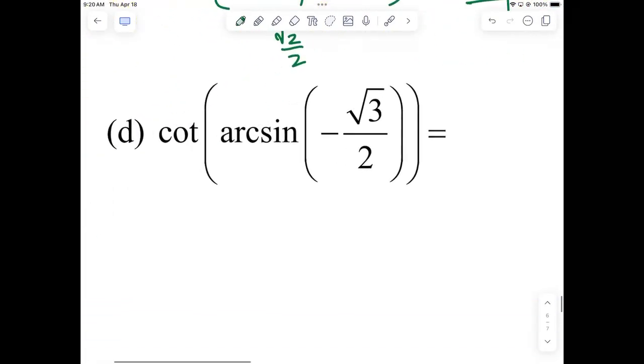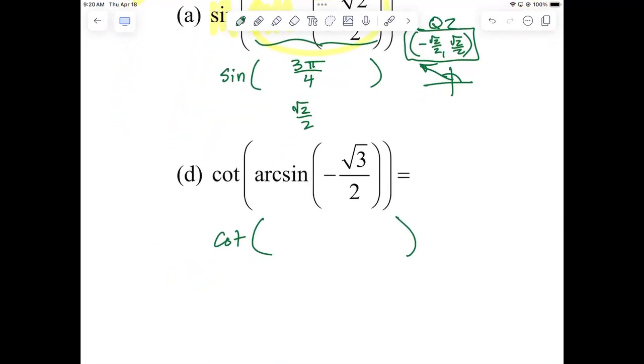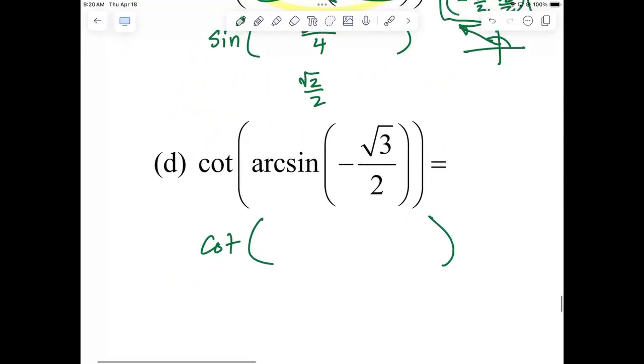All right, hold on to your bananas. Here we go with part D. Cotangent of arc sine of -√3/2. What is the arc sine of -√3/2? No, I think it's your π/3 reference angle, right? And it's going to be down here in quadrant 4. It's going to be right there. So it should be -π/3.